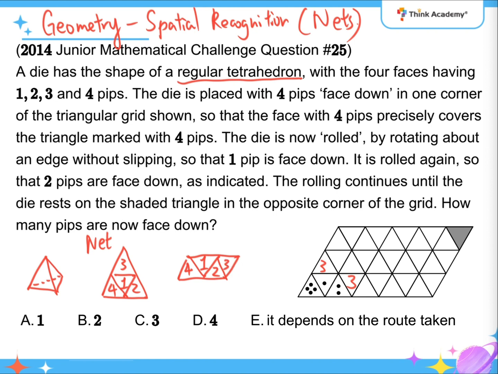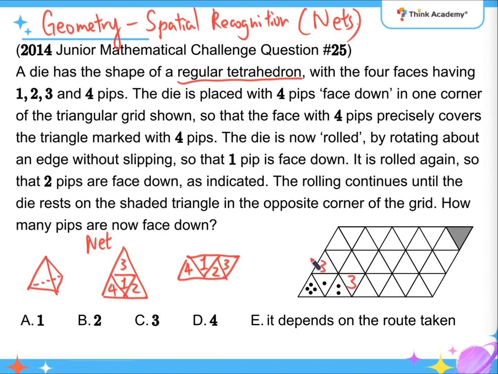And actually in this diagram, for whichever 4 equilateral triangles you take, it's going to be a net. Because definitely it's going to be following how the die is looking like, right? So it means that every 4 units looking like this is going to consist of all 4 numbers.